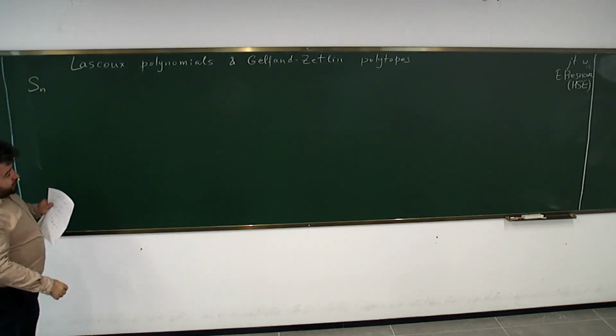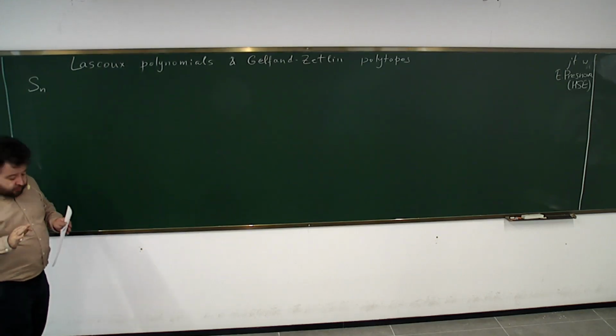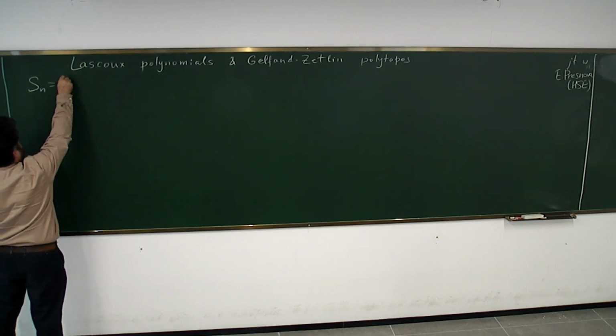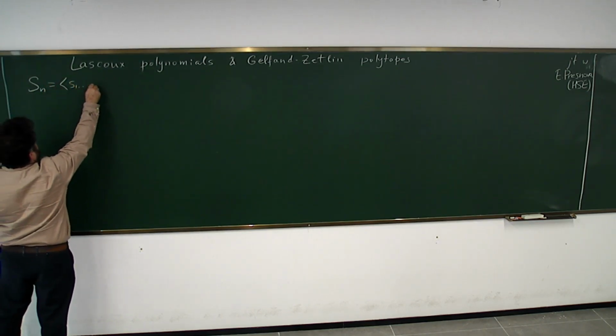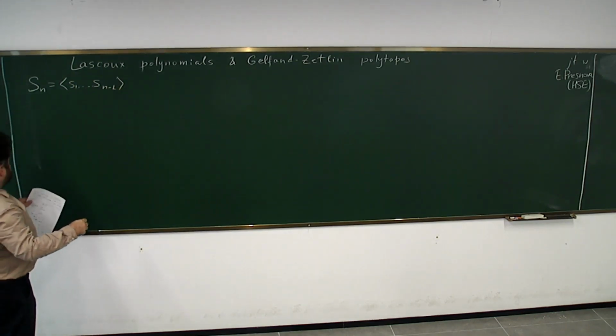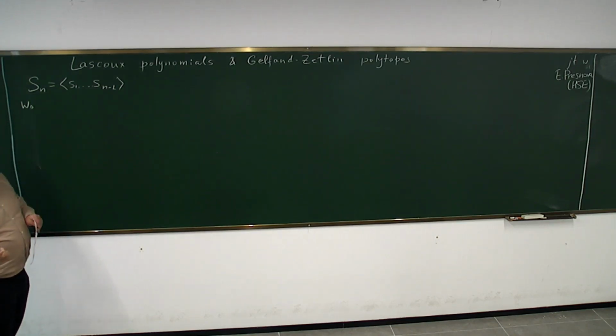I will start with taking the symmetric group Sn. Everything will be in type A today. Sn is generated as usual by n minus one simple reflections. Let me take w naught, which is the longest element in Sn.